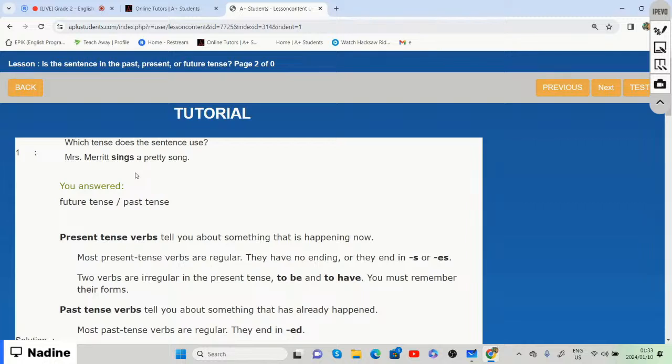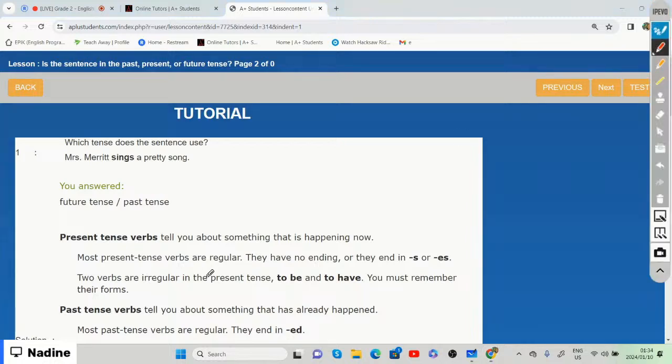So if we look at the word sings specifically, the sentence "Mrs. Merritt sings a pretty song" is in the present tense. And remember, we said the present tense shows that something is happening now.